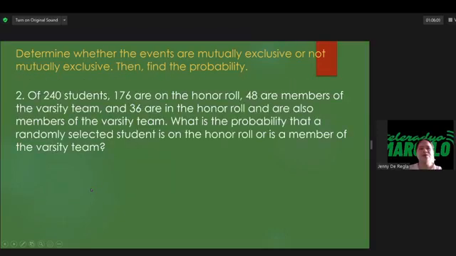Next, of 240 students, 176 are on the honor roll, 48 are members of the varsity team, and 36 are in the honor roll and are also members of the varsity team. What is the probability that a randomly selected student is on the honor roll or is a member of the varsity team? So what kind of event? Mutually exclusive or not mutually exclusive events?